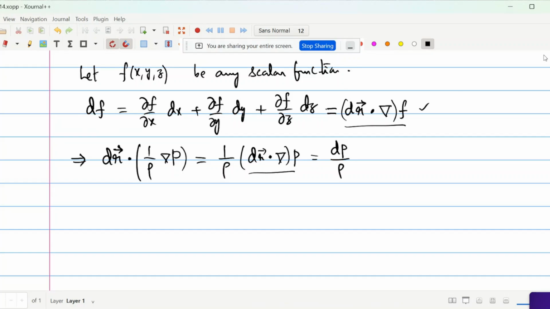Now how do I write this? I'm going to put it as a total derivative and an integral. The integral of the derivative will go, right? The integral of df is simply f.